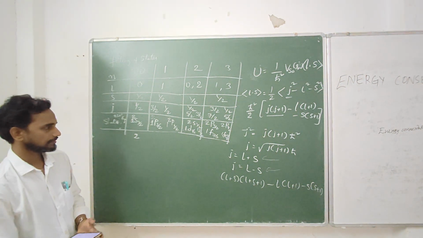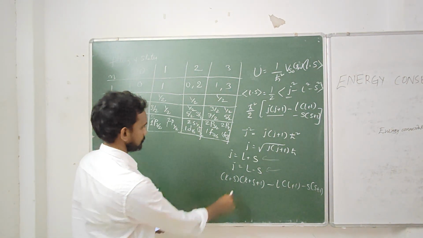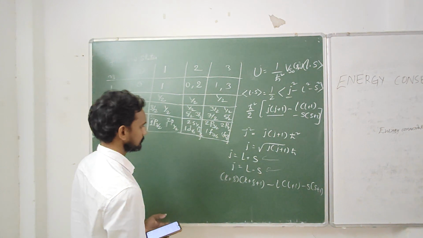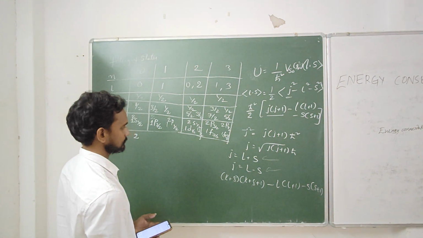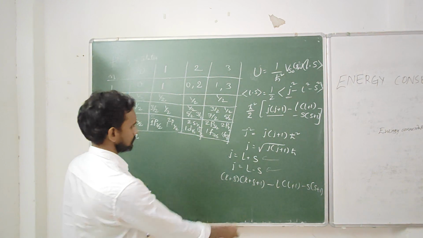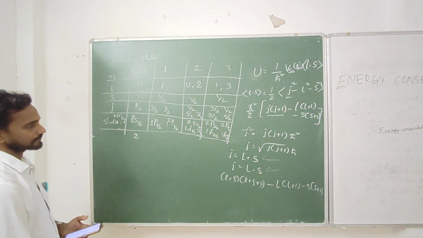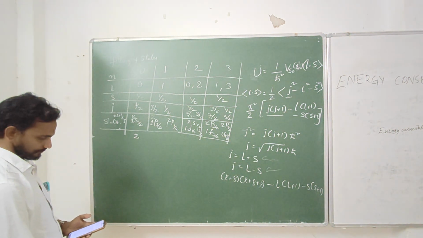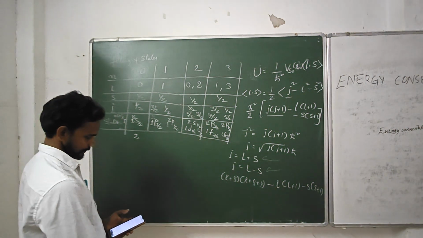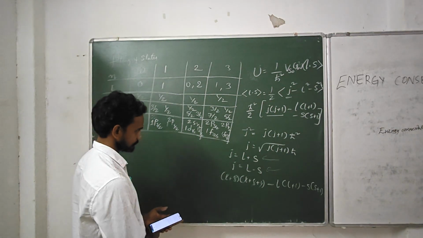L square gets cancelled, S square gets cancelled, plus L plus S also gets cancelled, only the cross terms. So you'll be left with L.